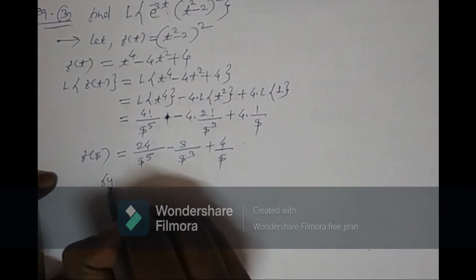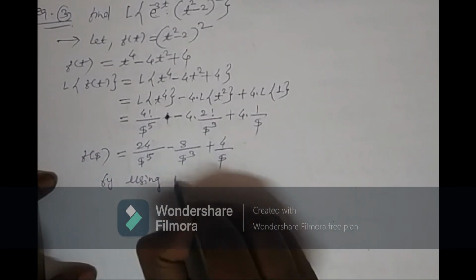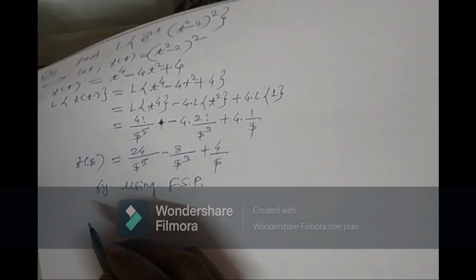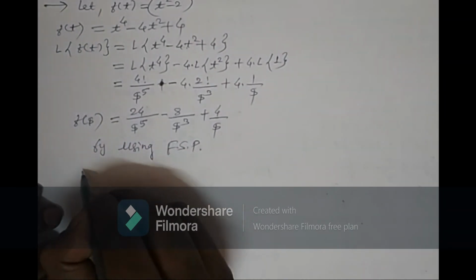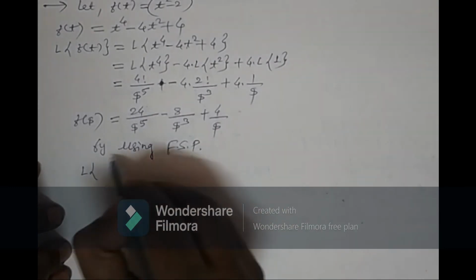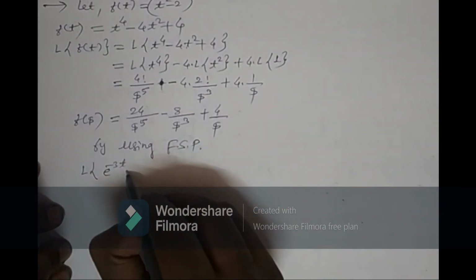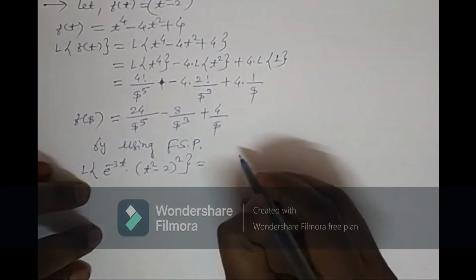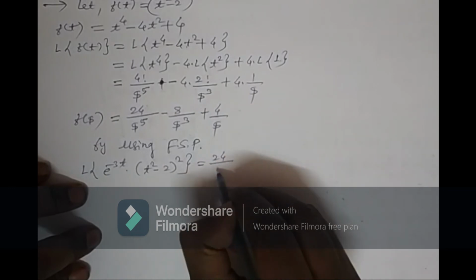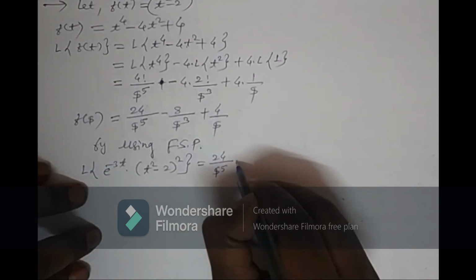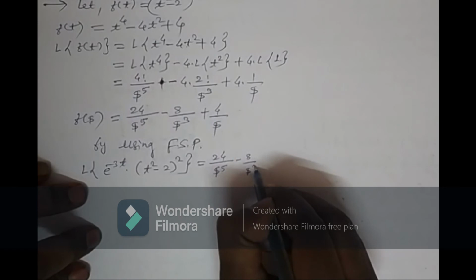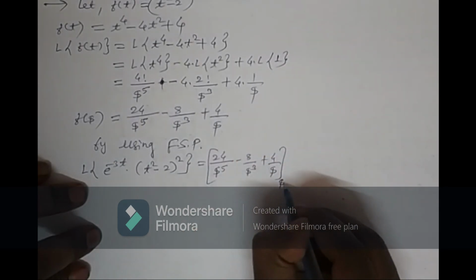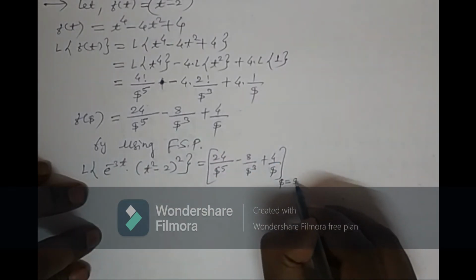Now by using first shifting property, what we can write here? Laplace transform of e raised to minus 3t into t square minus 2 bracket square is equal to, what is f of s here? In this f of s, 24 upon s raised to 5 minus 8 upon s raised to 3 plus 4 upon s, we have to replace this s by s plus 3.